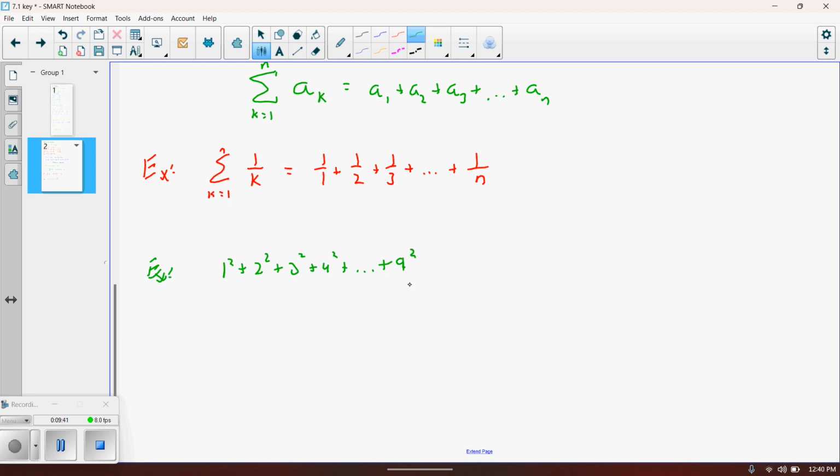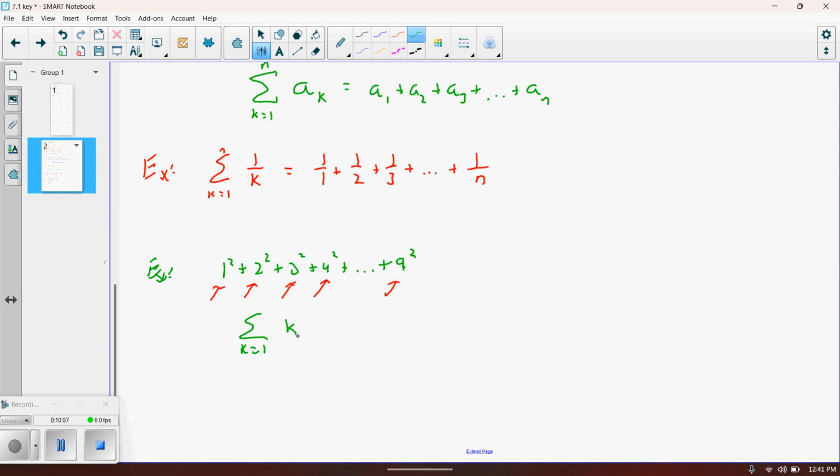So the sigma notation, because we have to write that now, would look like, well, k is going to start with 1, because what you should notice is that the bases here are the things that are changing. The exponent is staying the same, so all these bases are changing. So k is going to start with 1 as the base.